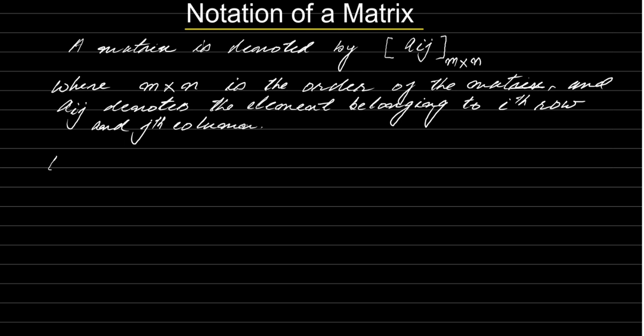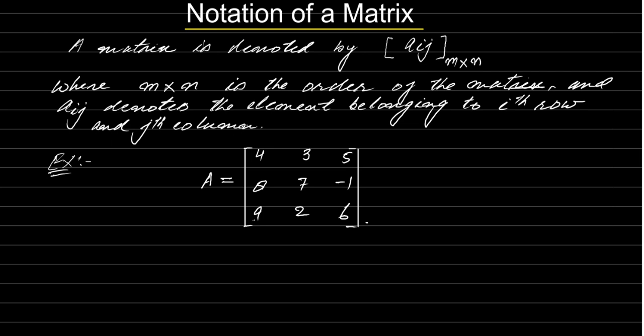For example, A is the matrix 4 3 5 8 7 minus 1 9 2 6.